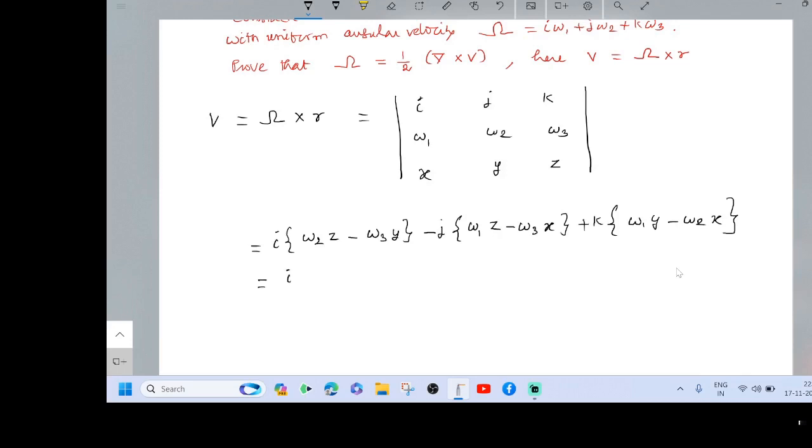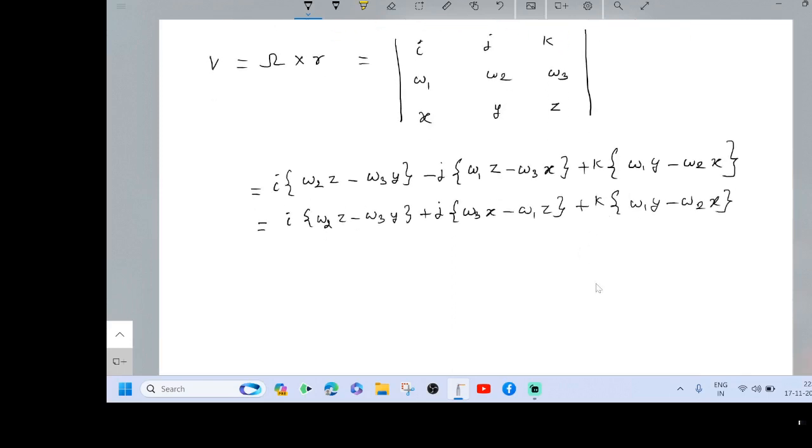This is equal to i into omega 2 z minus omega 3 y, plus j into, just interchange this, omega 3 x minus omega 1 z, plus k into omega 1 y minus omega 2 x.